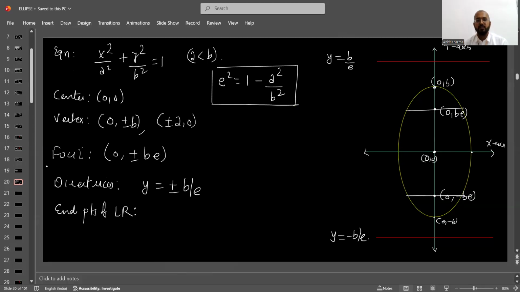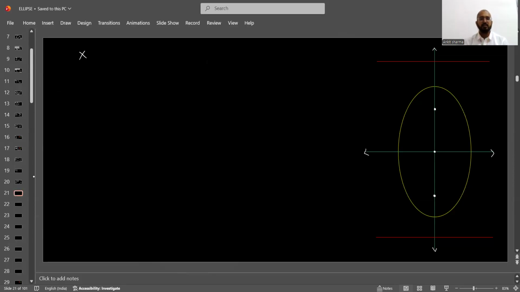So endpoints of latus rectum we need to find out. So I just need these 4 points. So let's get them. I know my y coordinate is be. So the point with y equal to be is lying on the ellipse. That means I can get it here. So x square over a square plus y square over b square is equal to 1.